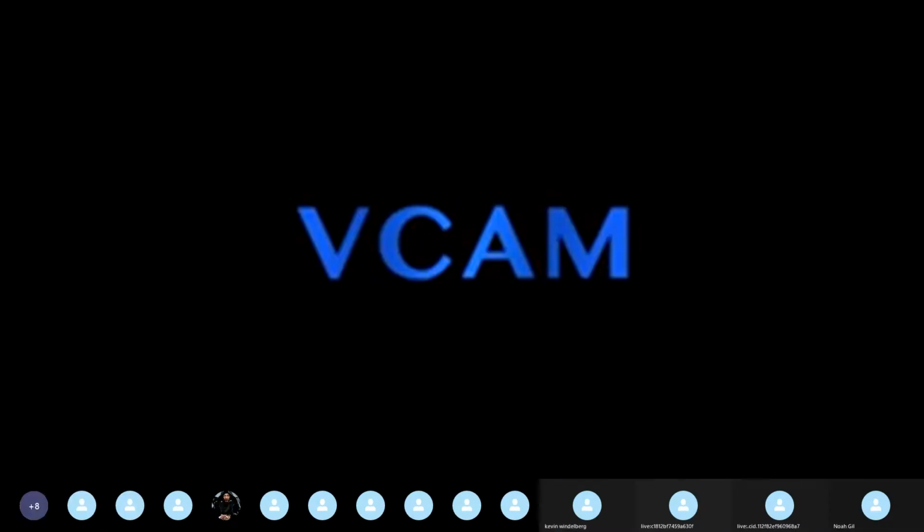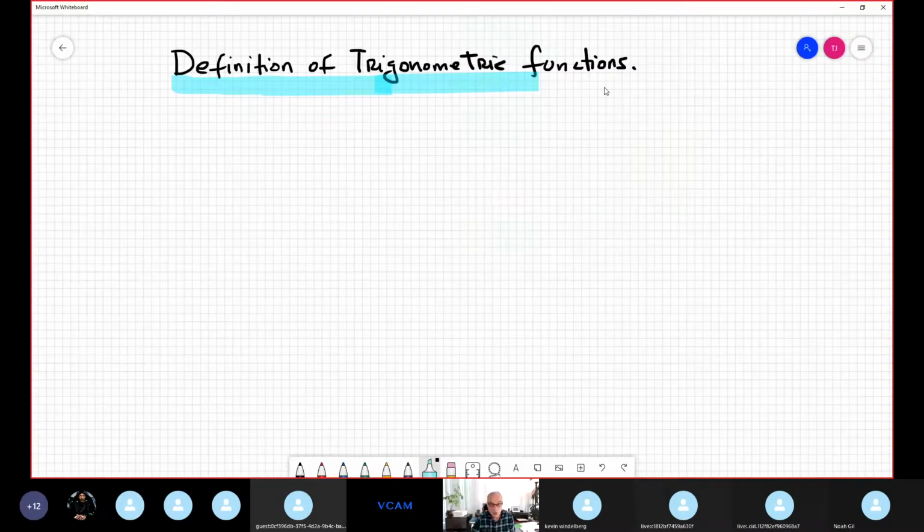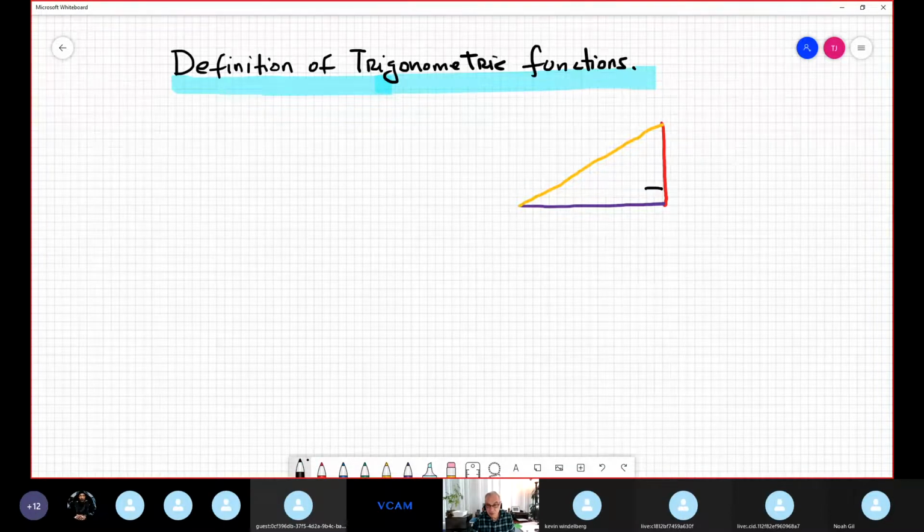We have one triangle, for example, this triangle. By the way, this is the right 90 degree angle here.